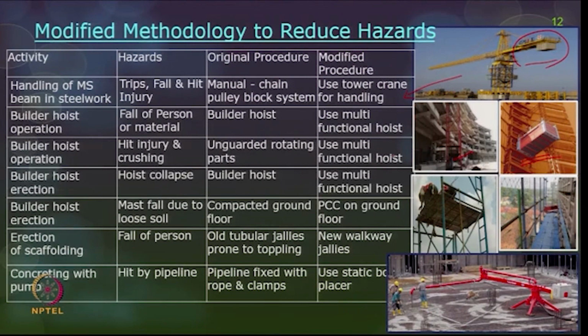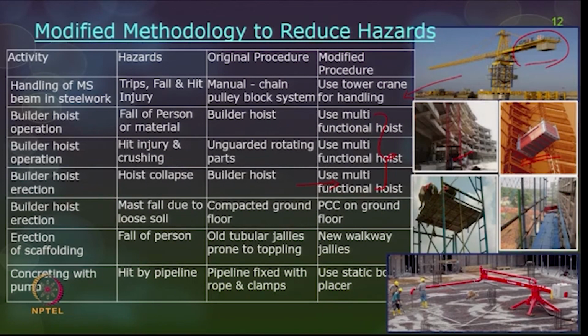Again the suggestion is to use a multifunctional hoist. Builder hoist erection processes. During erection you may have a hoist collapse. The original procedure was with the builder hoist, and the modified procedure suggests using a multifunctional hoist. So all three hazards can be eliminated when you shift the procedure of the work itself.